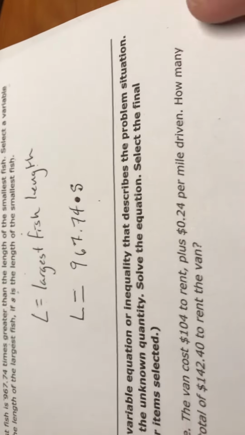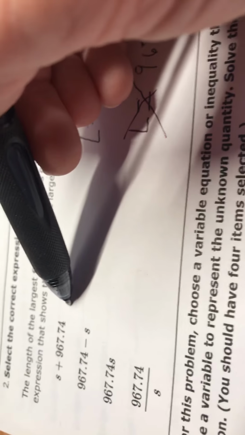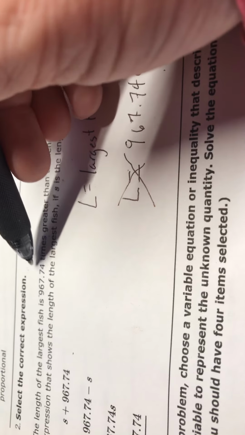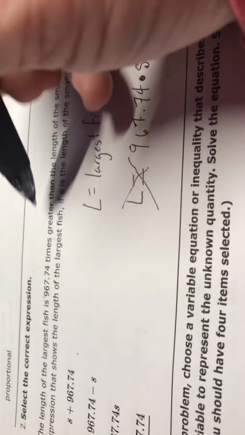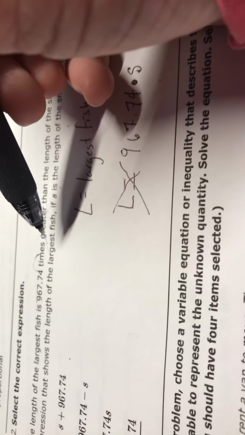Okay? But since they asked for an expression, we're just going to knock this part off. So we're going to look for something that has this number and S multiplied together. Okay? So in your multiple choice, if it just said 967.74 greater than, we might say plus, but this word times is a dead giveaway.